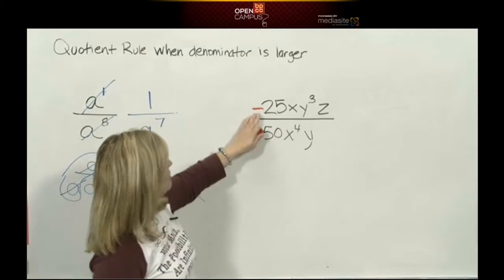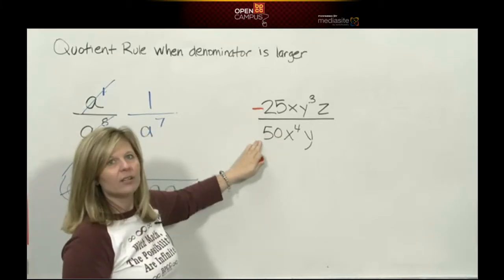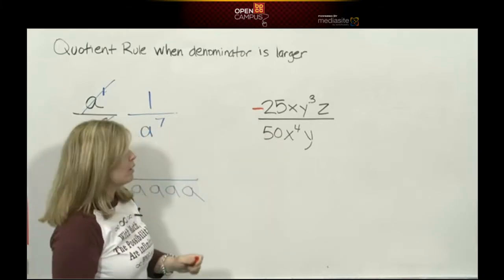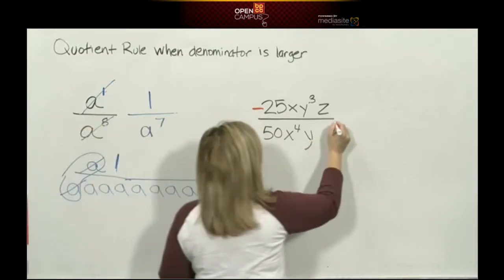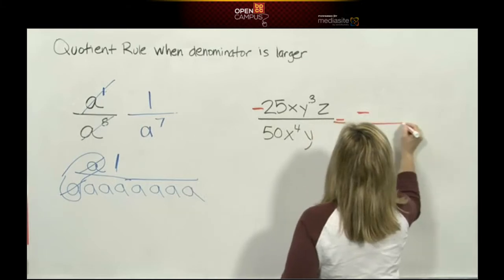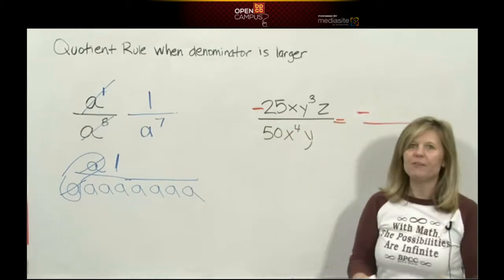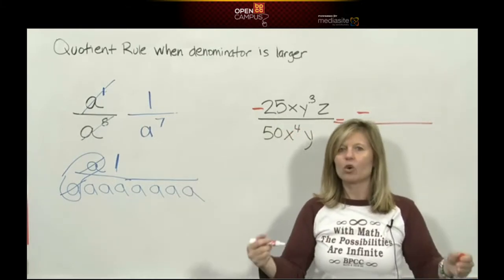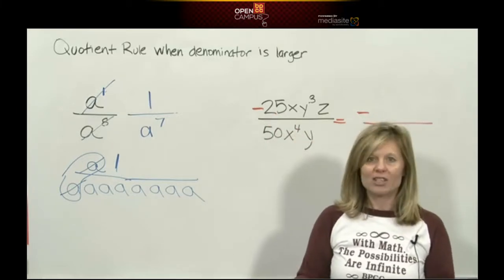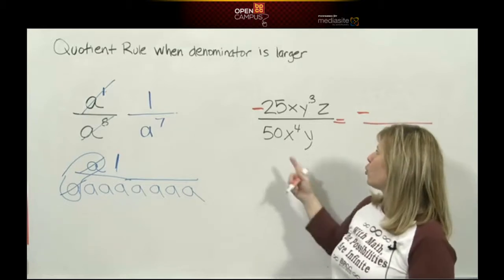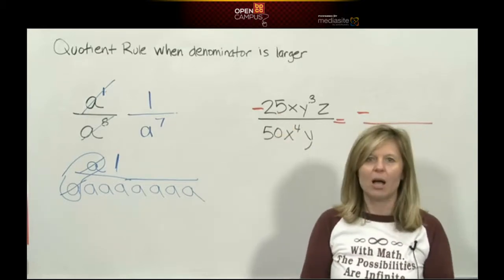Okay? So now I have negative 25 divided by 50. Okay, we know a negative divided by a positive is going to be a negative. We know that. Keep my negative in the numerator. 25 and 50 we can divide. What is their greatest common factor? What is the largest number I can divide them both by? That's right, 25. And I know 25 goes into 50 how many times?